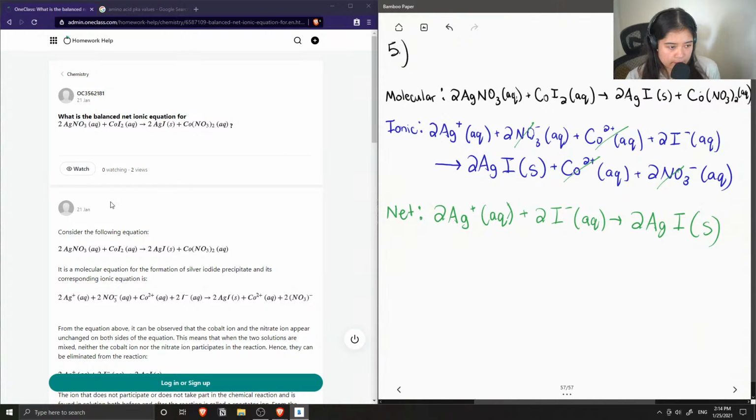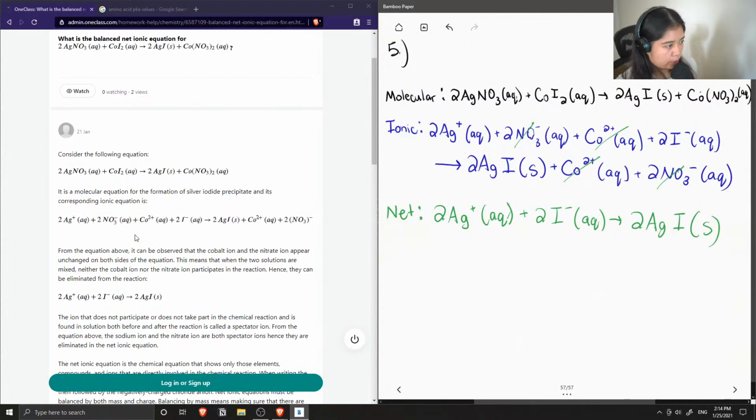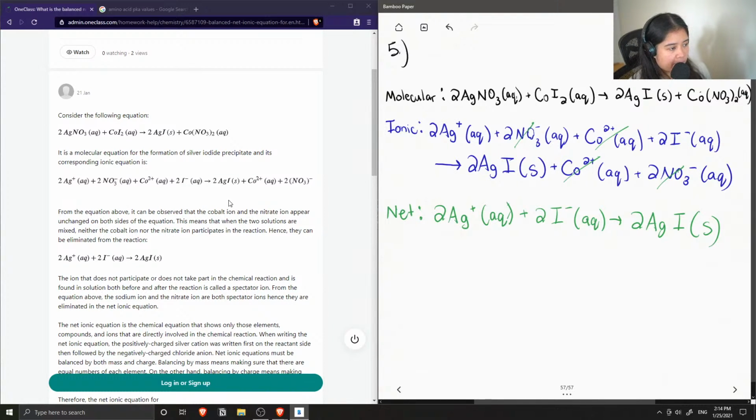Okay, so now let's see what the junior tutor said. Consider the following equation. It is a molecular equation for the formation of silver iodide precipitate, and its corresponding ionic equation is the following. Okay, so they wrote out all of the ions with the exception of the precipitate.